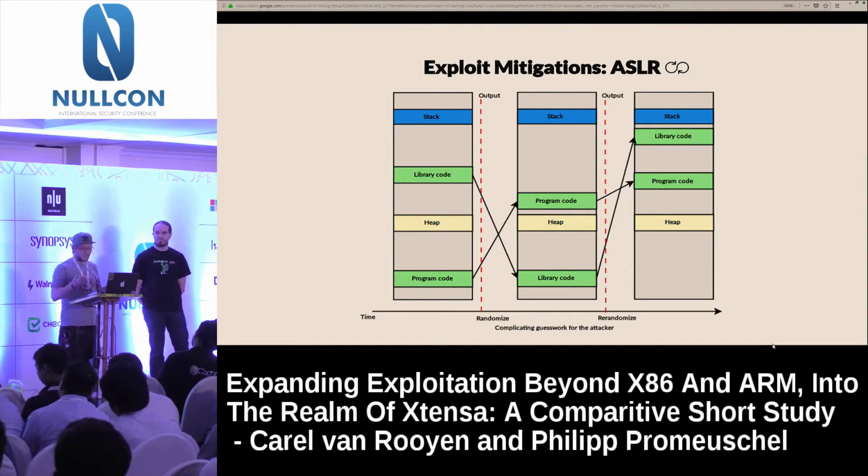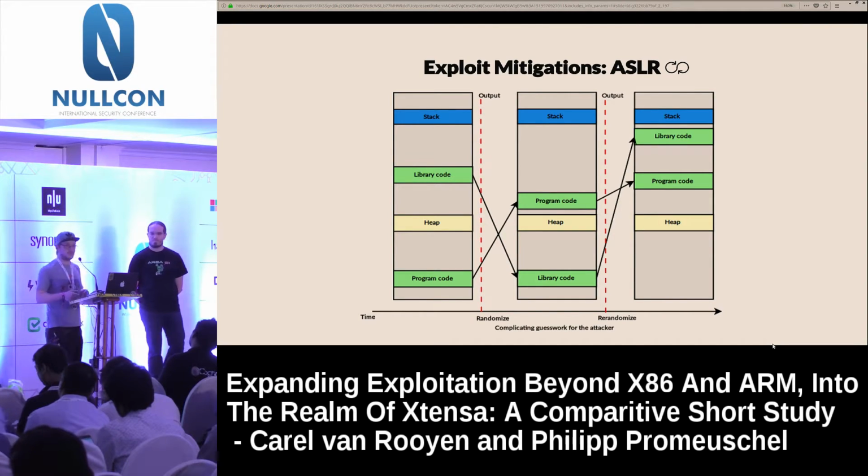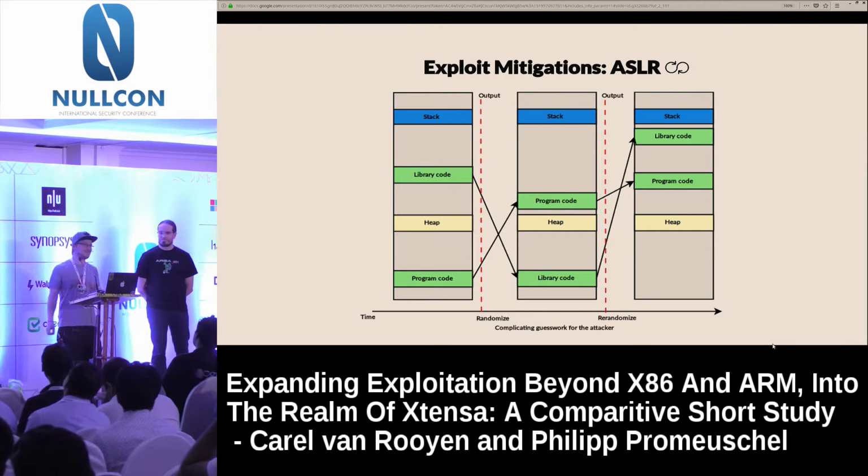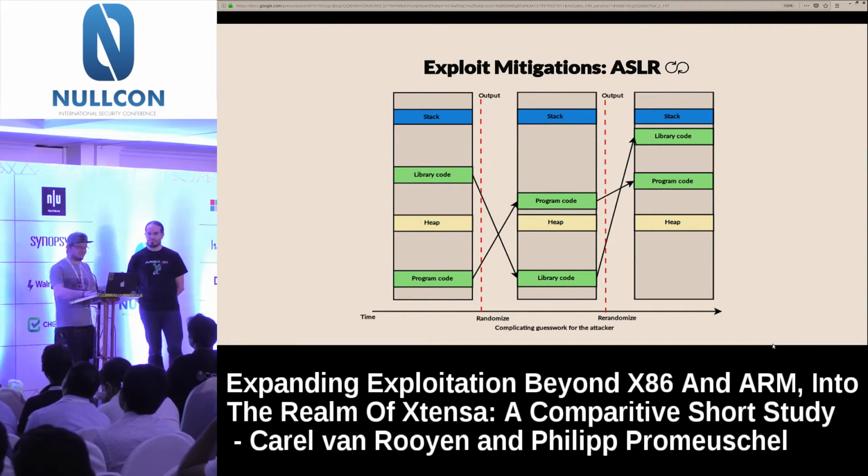So there's not any implementation of ASLR for Extensa, and if you Google ASLR and FreeRTOS, good luck, because you also will only find people searching for this and not implementing it. So if you have some time, maybe implement ASLR for FreeRTOS, but make it powerful.